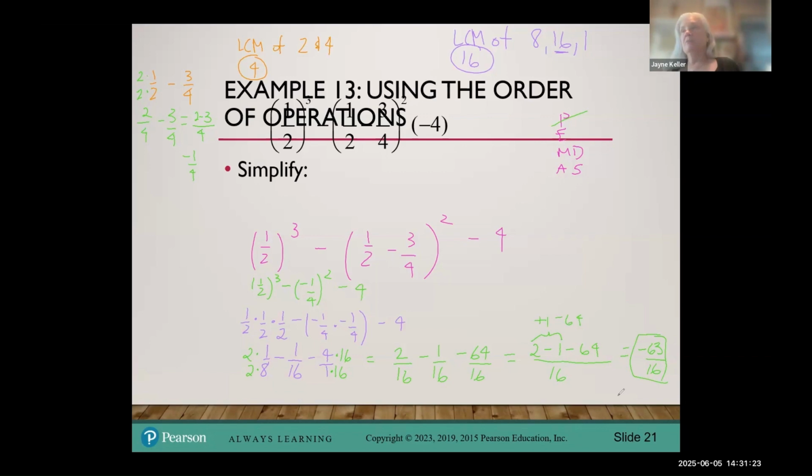Unless it's asking me for a mixed number, but it doesn't say, it just says to simplify. If it was a mixed number, would you divide 16 into 63? Like how many times 16 goes into 63? Yeah. And I know my result is going to be negative, so I might start out by sticking that out front.